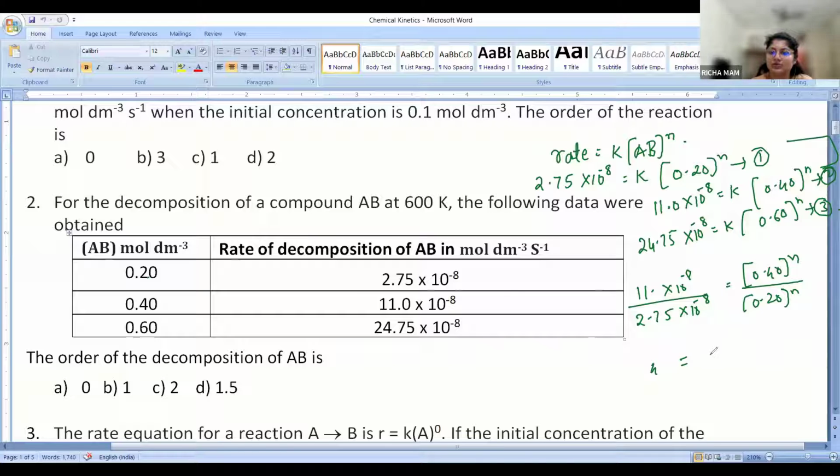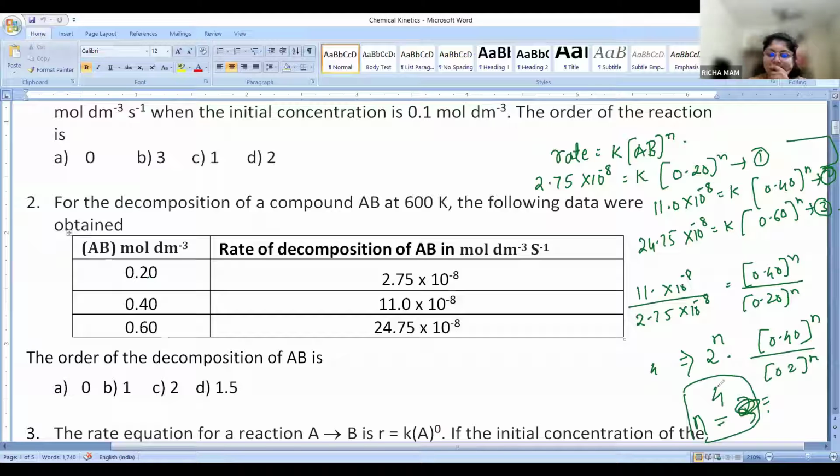So it will be 0.40 by 0.2 raised to n. So that is 2 raised to n, which is equal to 4.